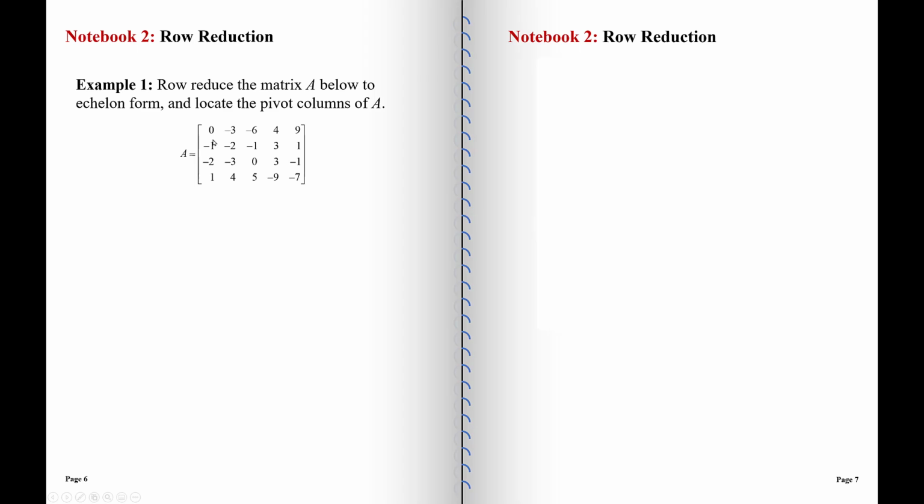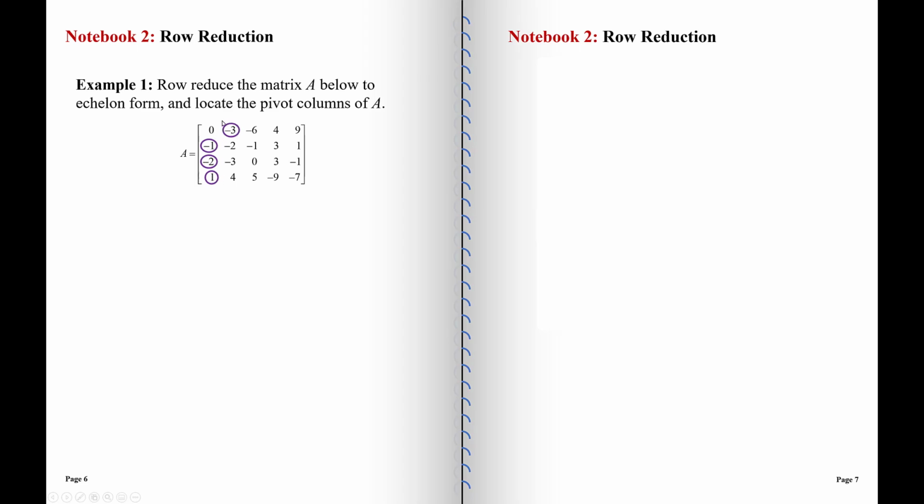Let's go back. Look at the first matrix. What are the leading entries of that matrix? Well, the leading entry in the first row is in the second position, i.e. the 1, 2 position. The leading entry in rows 2, 3, and 4 are in the first column. Those entries are in the 2, 1, 3, 1, and 4, 1 positions respectively. Now, are those pivots?